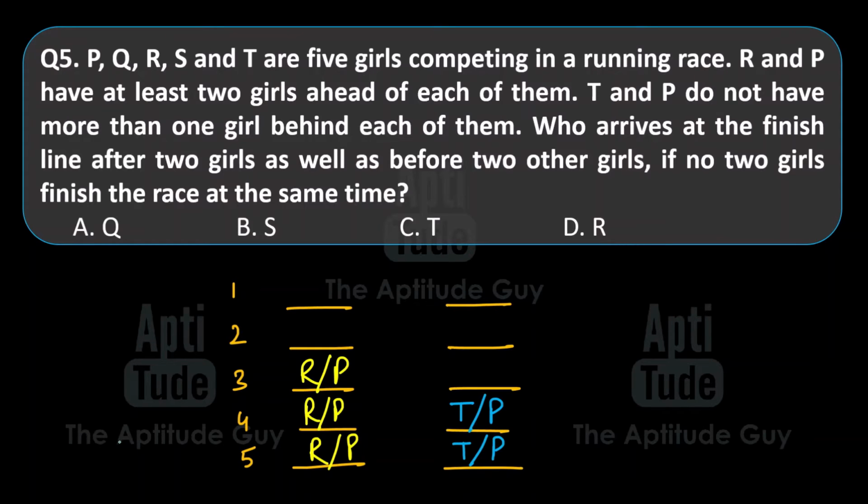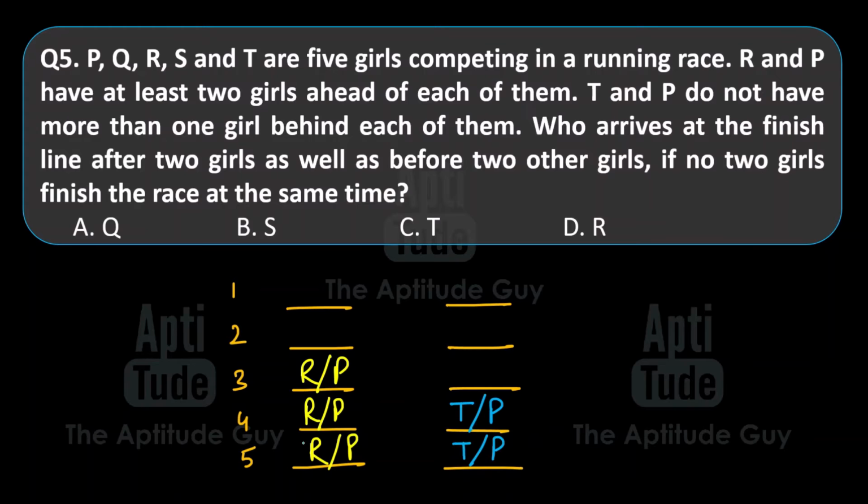Now we will see which one is the correct answer. Now, according to this possibility, T and P are definitely in the fourth and fifth position. If T is fourth, then P is fifth. If P is fourth, then T is fifth. It's either this or this. That means T and P are fixed in the last two positions. Nobody else can come there because T and P cannot go in any other place.